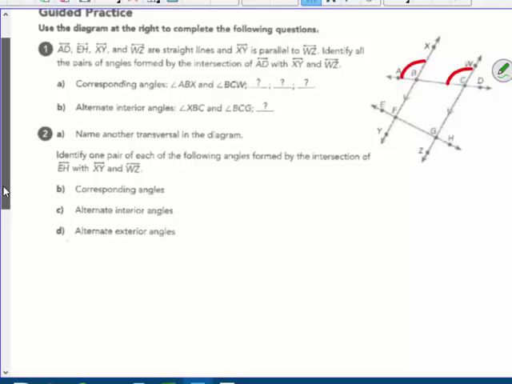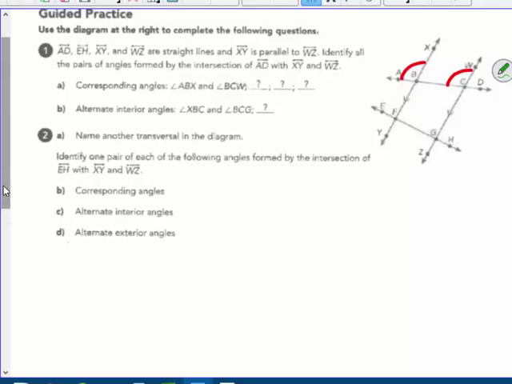Identify all the pairs with AD and XY and WZ. I'm just looking at this transversal AD intersecting those 2 parallel lines, because otherwise there would be a lot of corresponding angles. So I'm going to do number 1A down here.